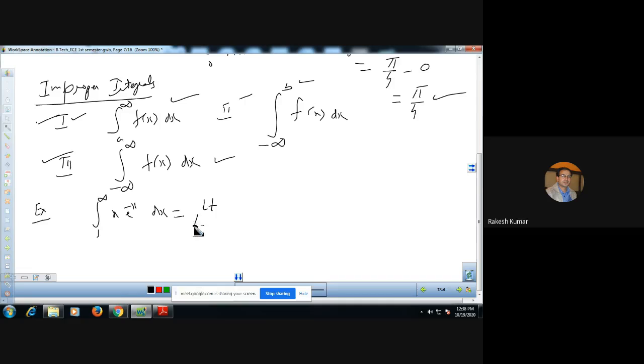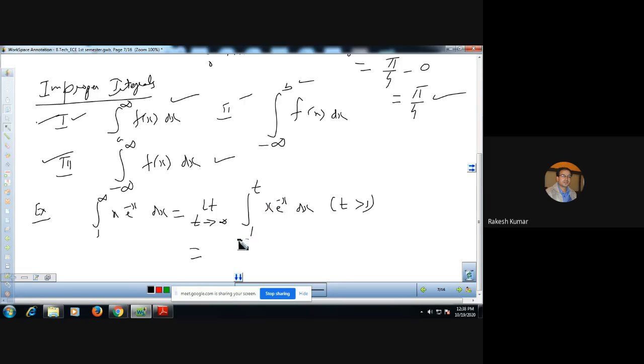You just take the limit t approaches infinity and write down the upper limit in terms of t, so that we can finitely integrate it. And what is t? t is the upper limit which is greater than the lower limit. So t should be greater than 1.